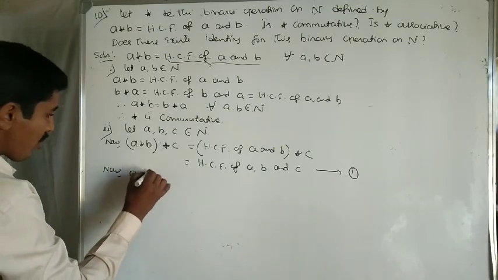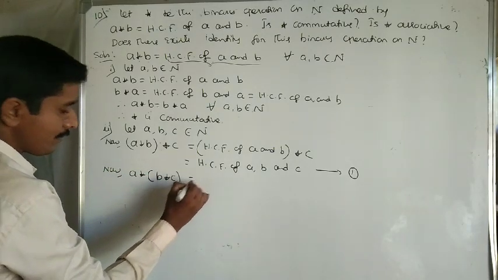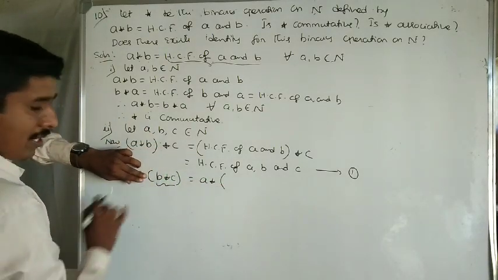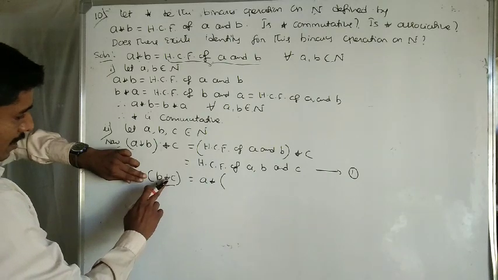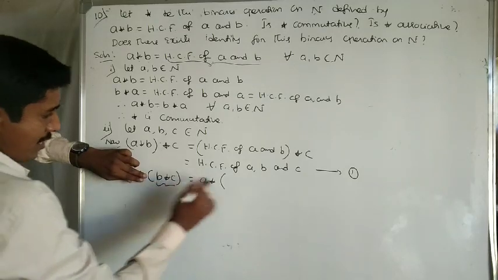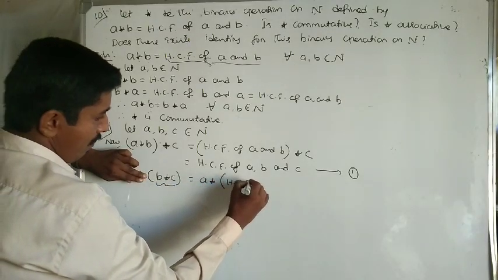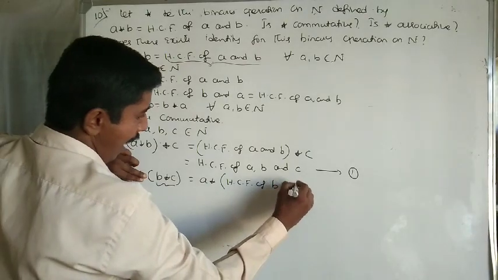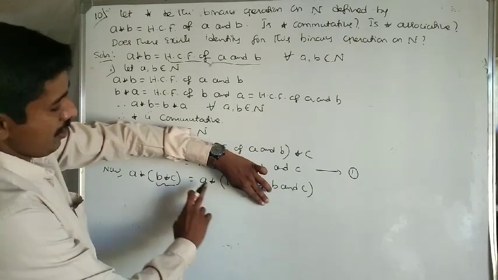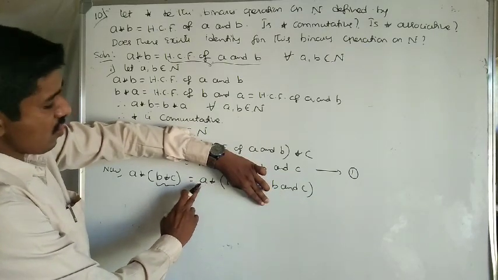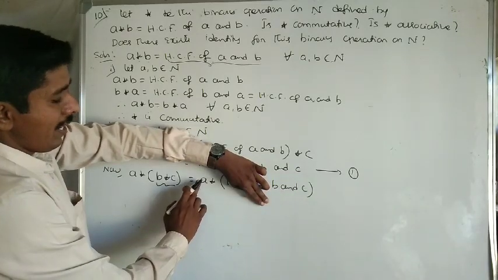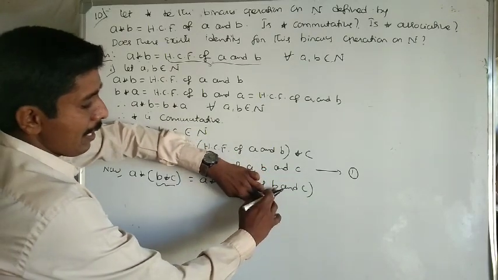Now a star (b star c). First, a star, take as it is. Now within the bracket, b star c is equal to the highest common factor of b and c. Here the first element and second element: the binary operation gives the highest common factor of a and this second one, so write it like this: highest common factor of a, b and c.